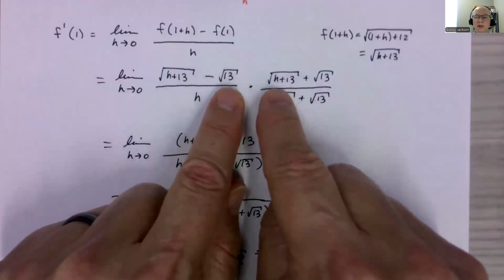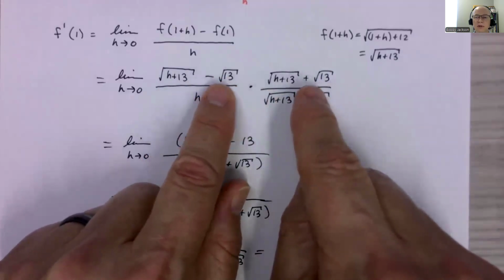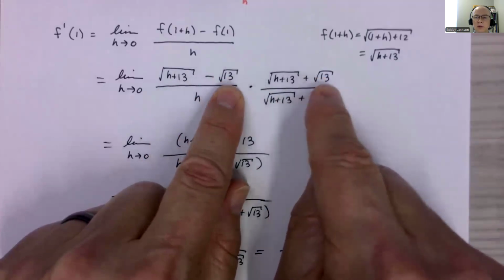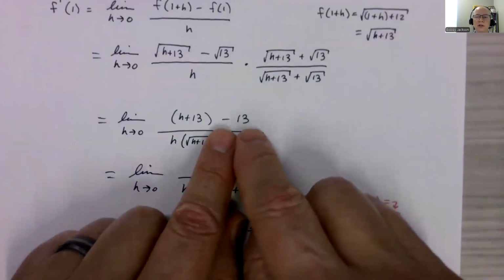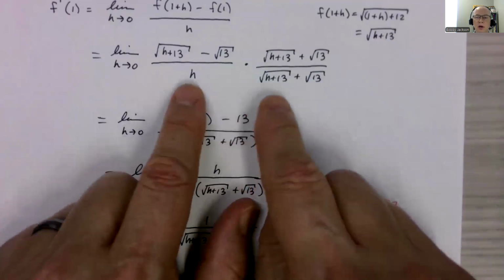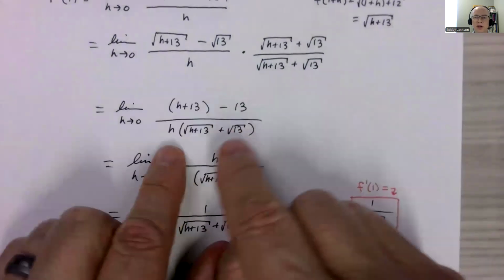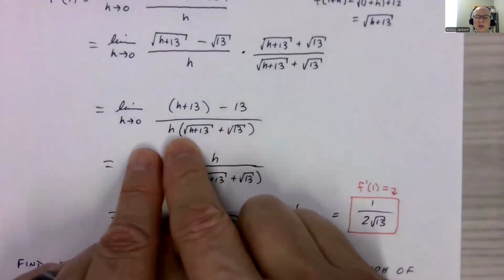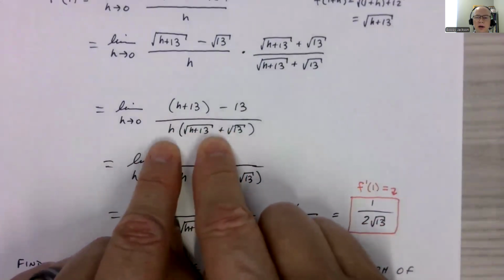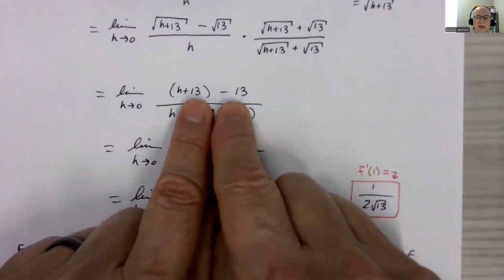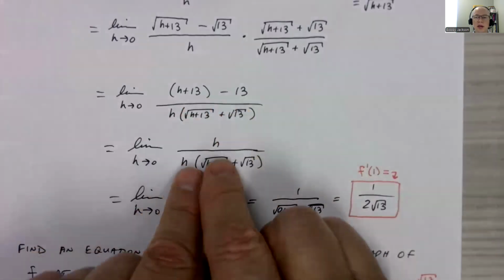So those add to 0. Last, negative the square root of 13 times positive square root of 13 is just minus 13. Down below, don't forget, we got h times all this stuff. So I'm going to leave that. You don't want to distribute the h through because it's factored down here. Now up top, obviously that simplifies down quite nicely. h plus 13 minus 13 is just h.